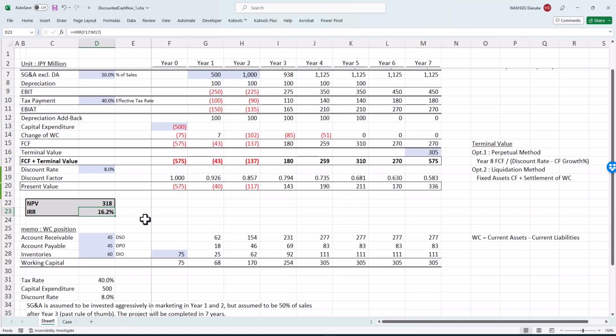So this is the first part, to build a financial model to get NPV and IRR. And I want to talk about how to get an insight, or how to support the decision makers through the DCF analysis. Okay, thank you.